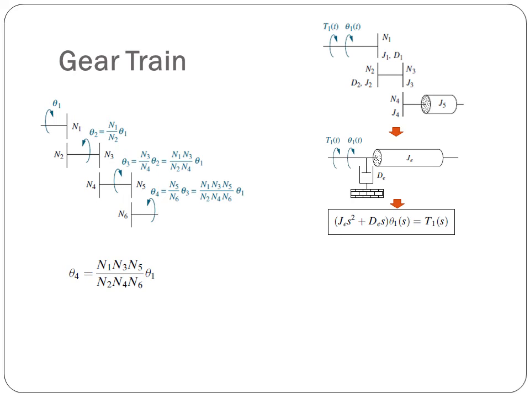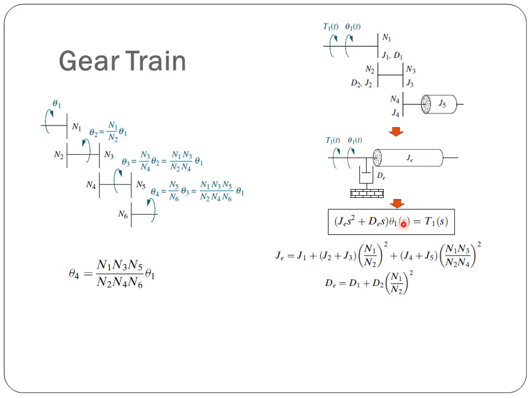You can see that the final equation, if we can transfer the inertia and damper to theta 1, we can rewrite the overall equation like this: theta 1 into (JE s square plus DE s) equals T1. So that will be the simplified equation.